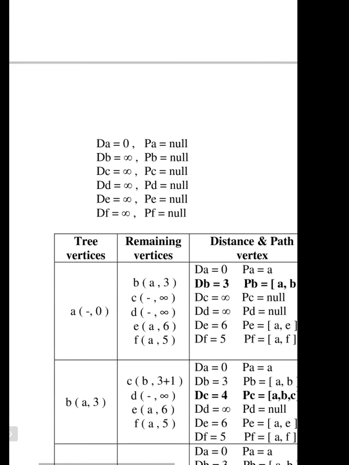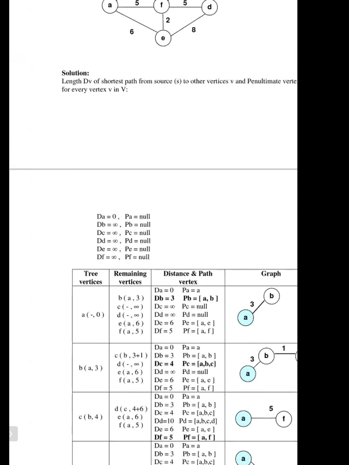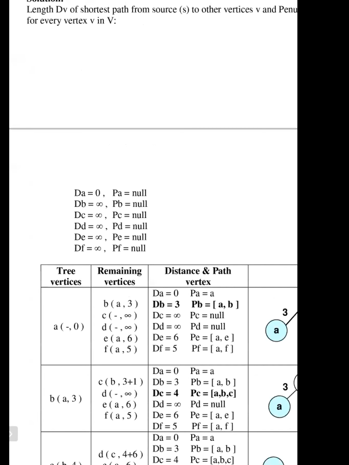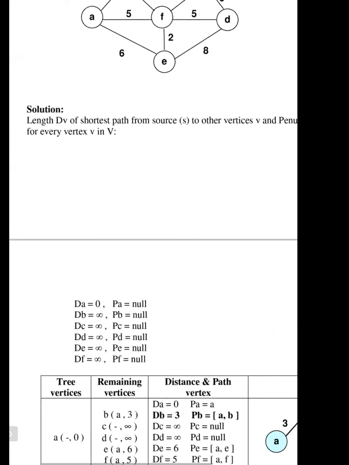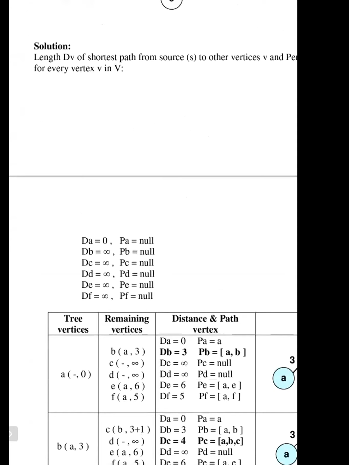So this is the algorithm I am explaining. Initially, suppose A is the source vertex, so dA is equal to 0, and this is the initialization. dB, dC and all the remaining are set to infinity.